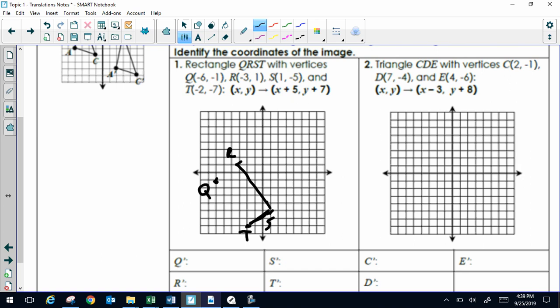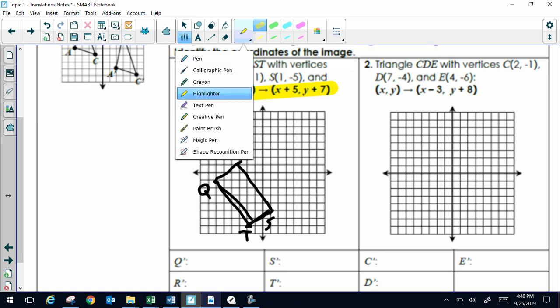So here is the pre-image. We call it the pre-image because this is the original figure. That's my original figure. Then they give us this rule right here. They're saying that x is going to be +5, y is going to be +7.